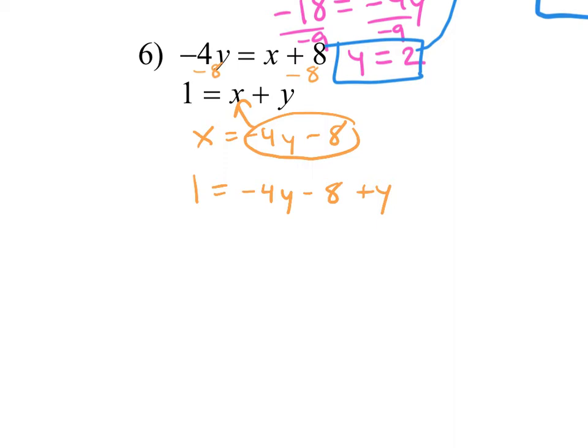Combine like terms. So we can add the 8 to the other side. So this would become 9 is equal to, and then how would we combine negative 4y plus y? Subtract the y. So what would we get?